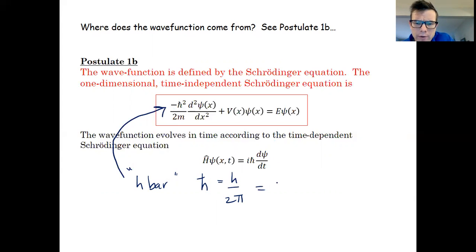You could look that value up and you'll see that it's 1.055 times 10 to the minus 34 joule seconds. H bar will also show up throughout the course. So we'll talk about this equation. It's the one equation that we'll study in the course, and we'll get into it. So that's postulate 1. It defines the wave function and tells us where it comes from.